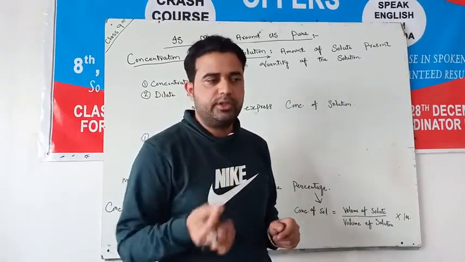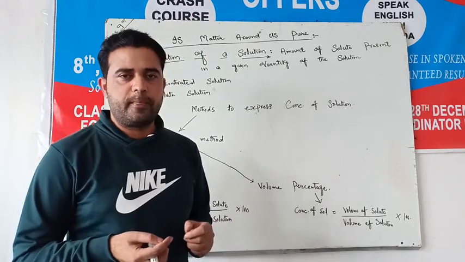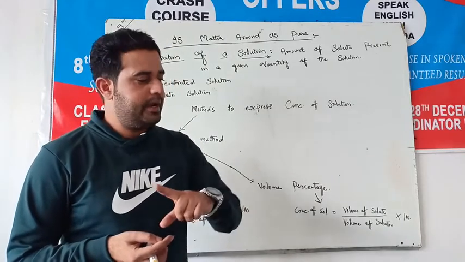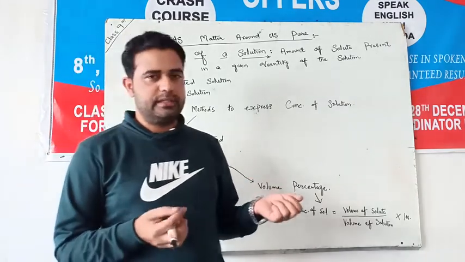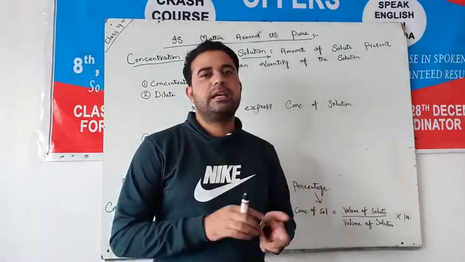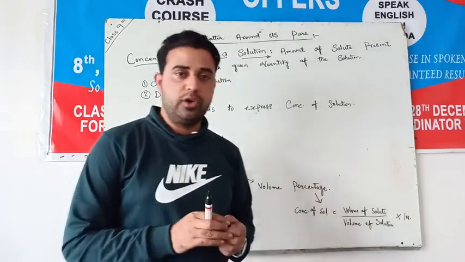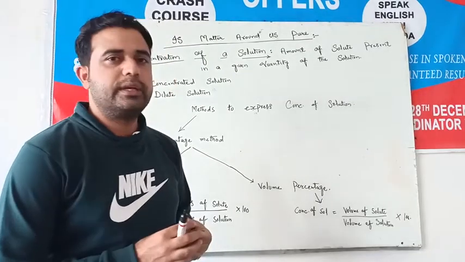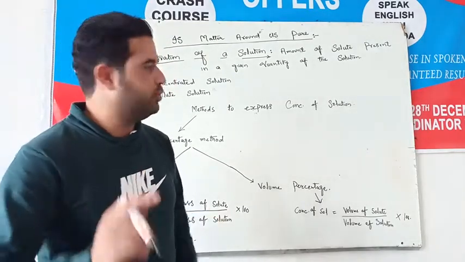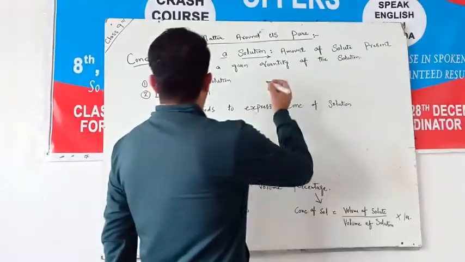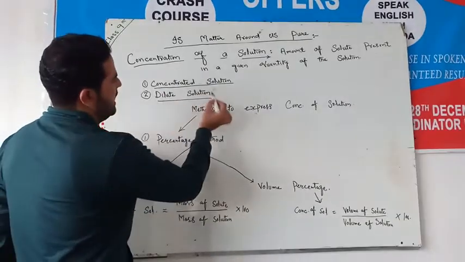One is the solution in which the concentration of the solute is more and the percentage of the solvent is less. The second is the solution in which the concentration, percentage or amount of solute is less. Accordingly, we have two types of solutions: the concentrated solution and the dilute solution.